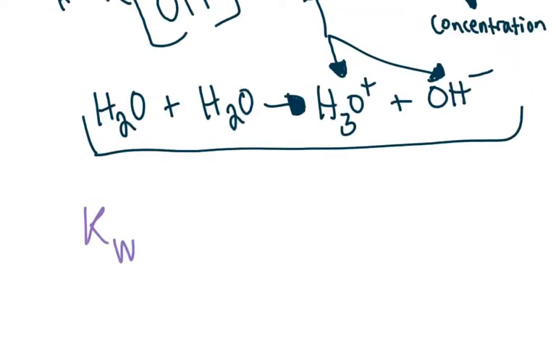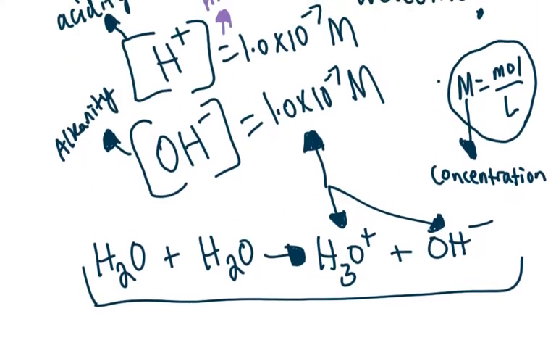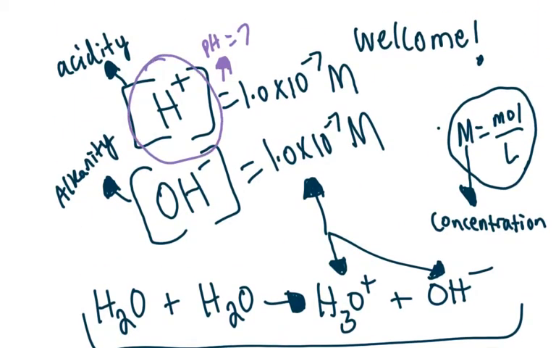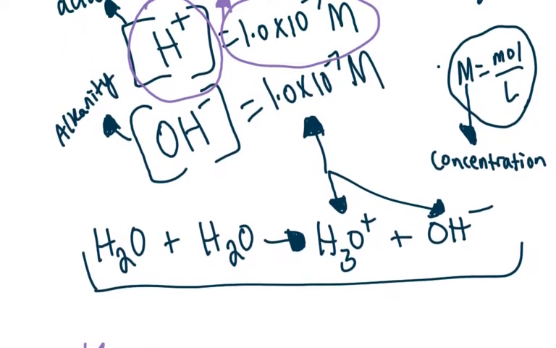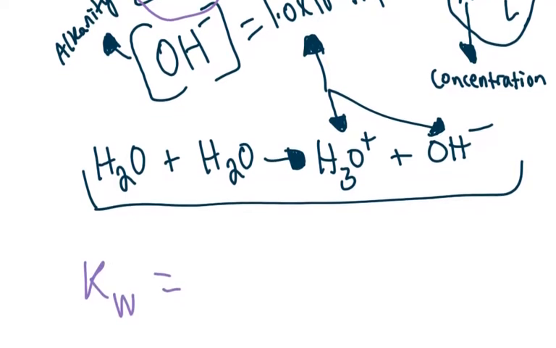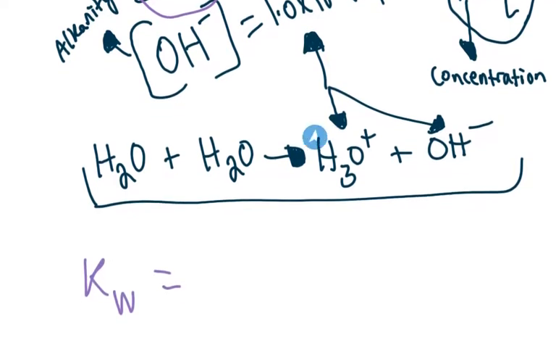Remember, when writing any Kw or Ka equations, we do the products over the reactants, but this time the reactant is only water. We said in our previous video that we don't count water in our equation for Kw or any Ka or any ionization constant equation, because water is a liquid and its concentration is going to stay constant.